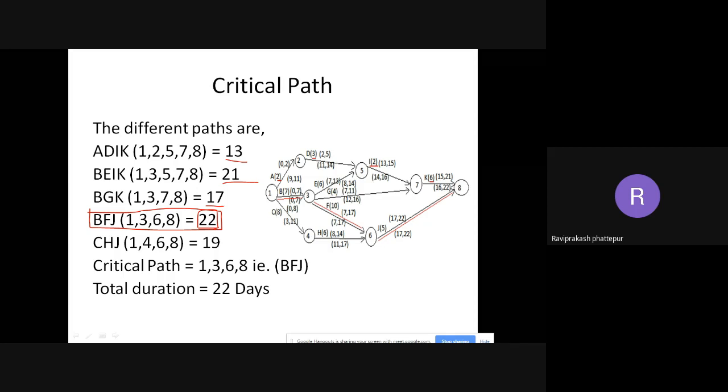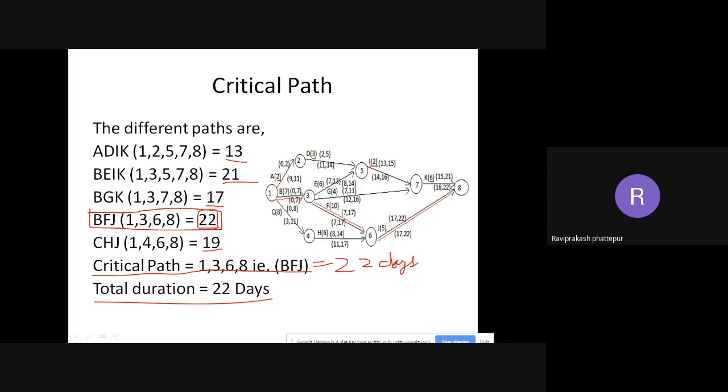There is one more path, C wala path: CHJ, which is 1, 4, 6, 8. If you add, I am getting 19. That's why the critical path is written here: critical path is equal to 1368, that is BFJ, equal to 22 days. Then at the last, I am writing the total duration, that is 22 days.